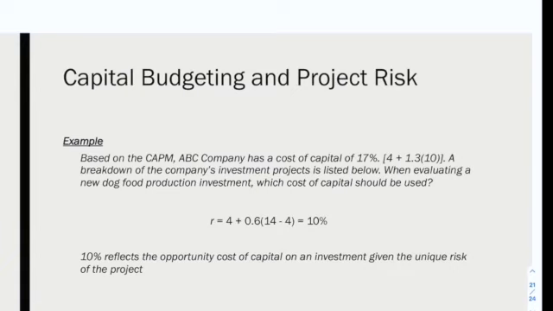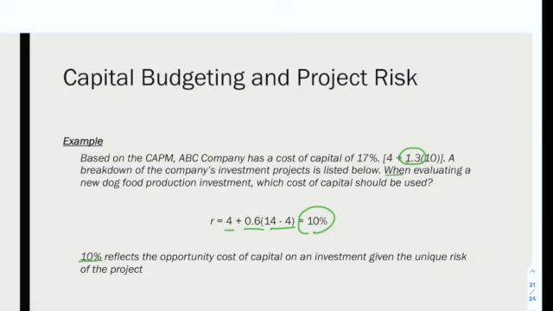Then, when we use the company's beta to calculate the company's cost of capital, we have 17%: RF plus beta times the risk premium. This reflects the opportunity cost of capital on an investment with the average risk of the company.